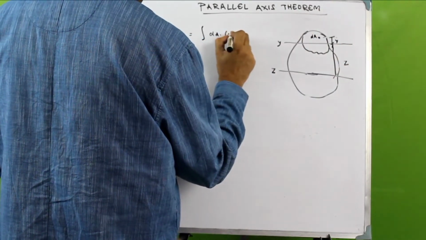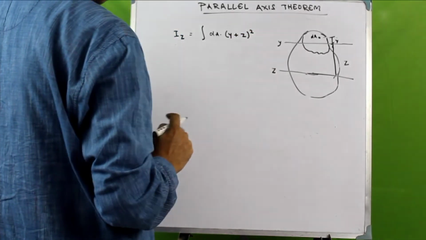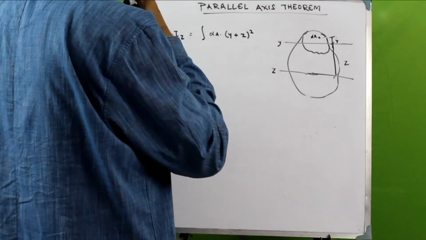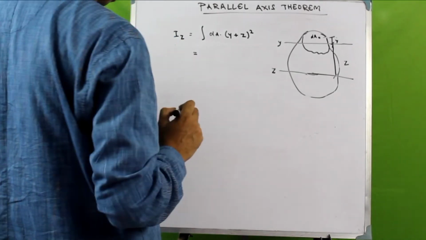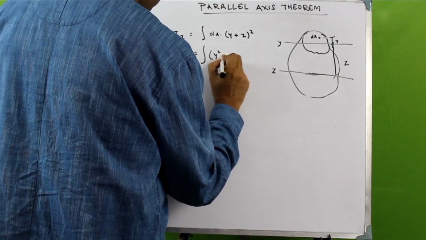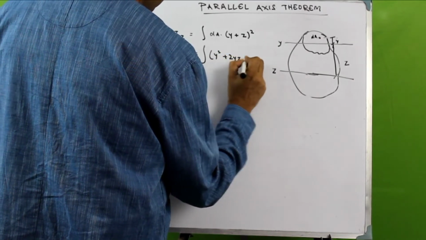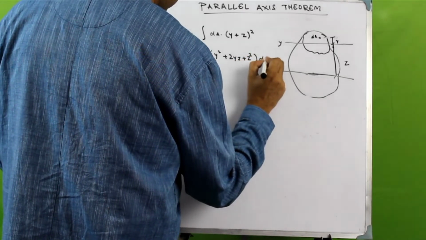So it would be y plus z whole square. Now, this would then be expressed as y square plus 2yz plus z square dA.